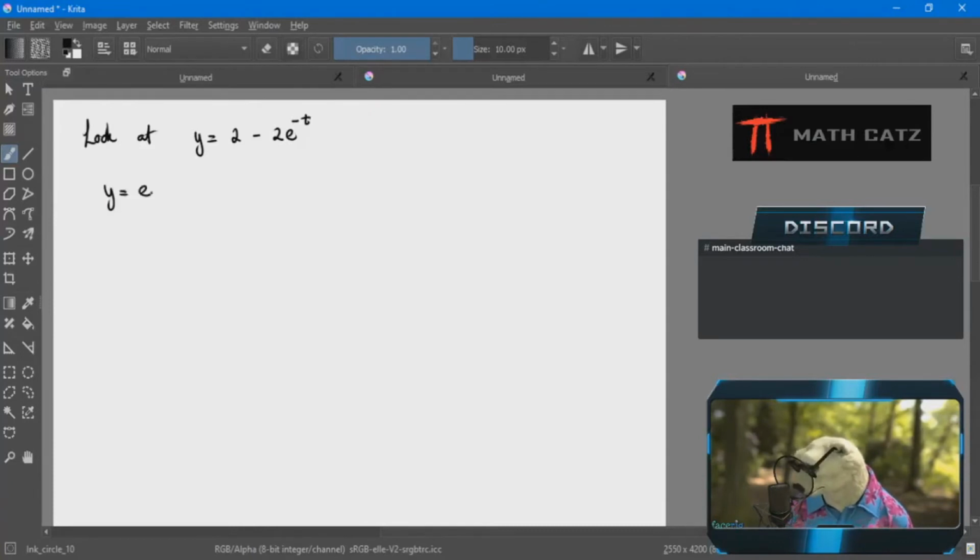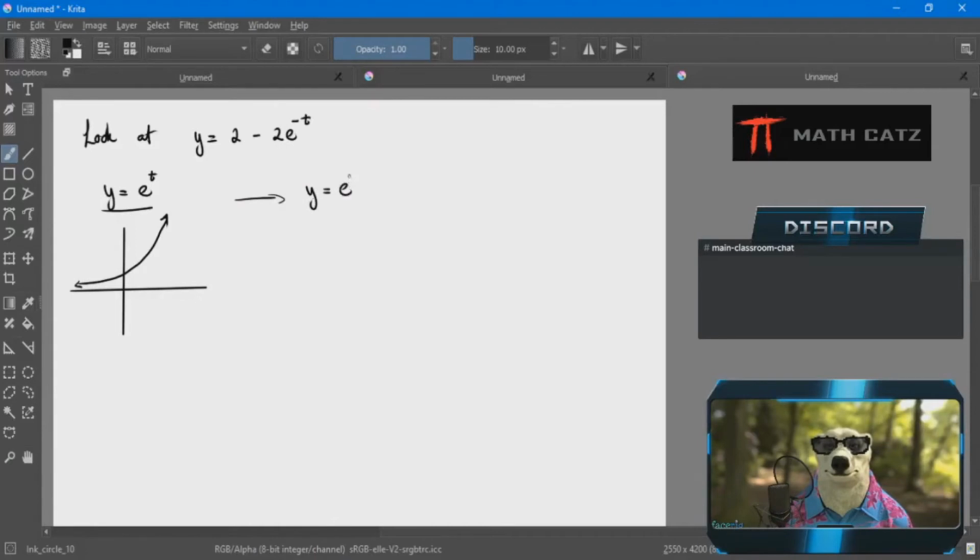If I start with, now I'm going to do it in a lot of detail, my basic exponential function, like that, then I change my function from e to the t to e to the negative t. That is done by replacing t.